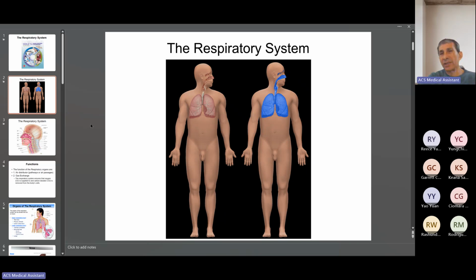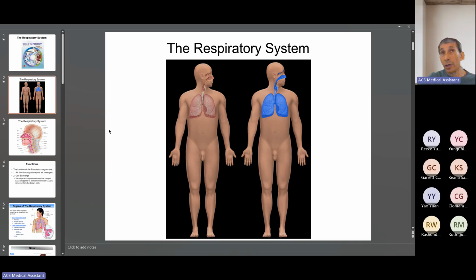So if you can see, we have here this image of the lungs. But the respiratory system is not just the lungs. We have other structures. Remember, we need some other structures from other systems to make this particular system work.